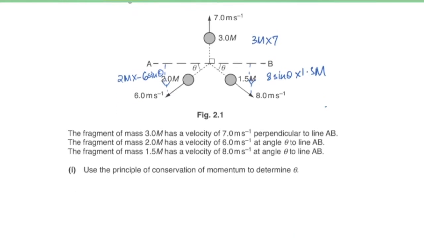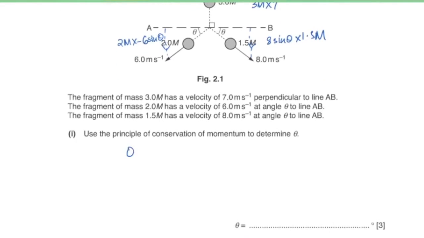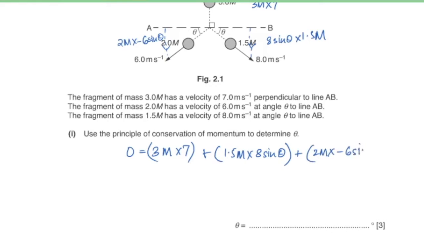So momentum before explosion is 0, momentum after explosion in the vertical axis is 3m into 7 plus 1.5m into 8 sine theta plus 2m into negative 6 sine theta.